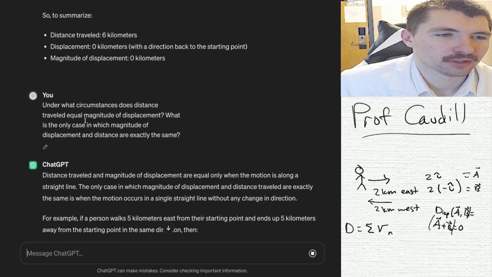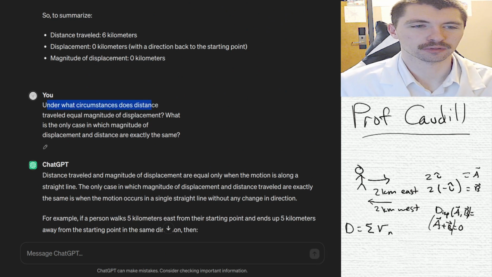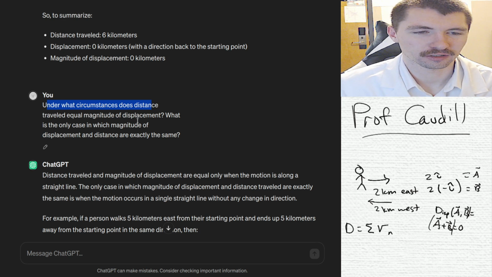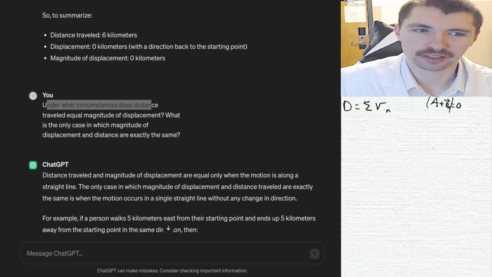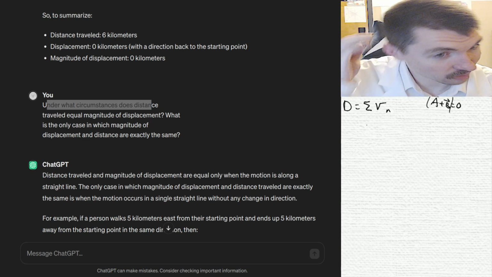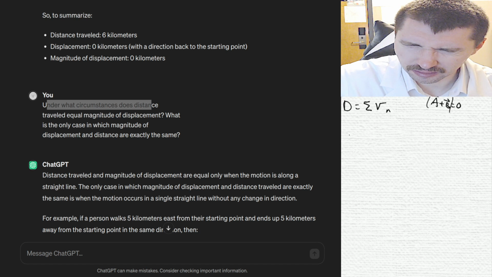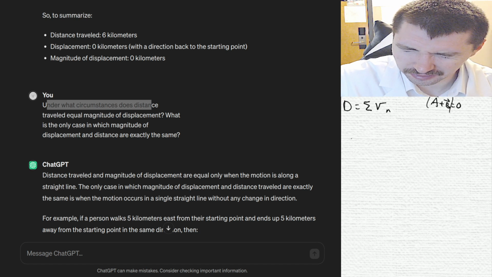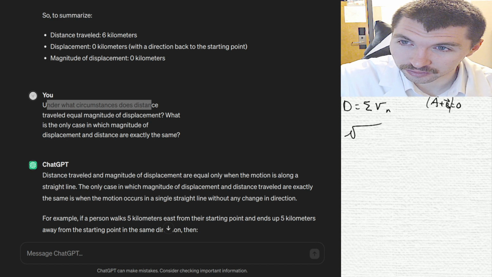Okay, so what's going on here? Under what circumstance does distance traveled equal magnitude of displacement? So what is this asking? Distance traveled. So what is distance traveled? That is the square root of the magnitude of each vector.